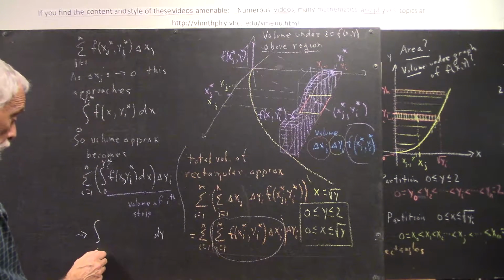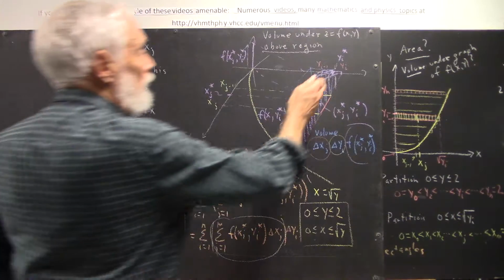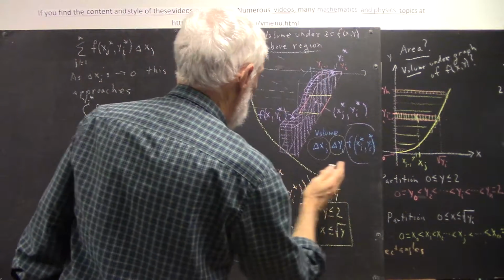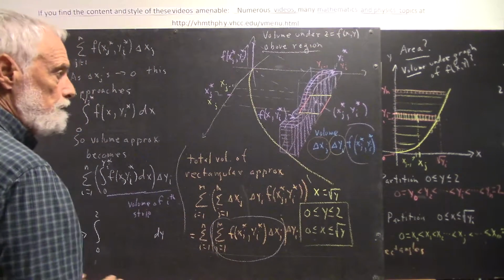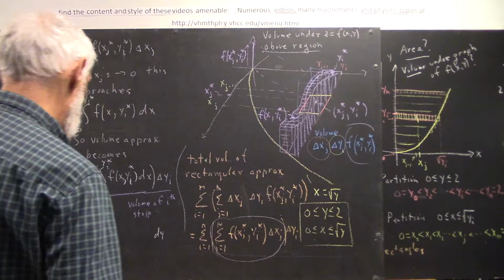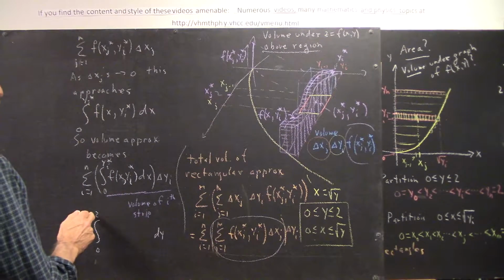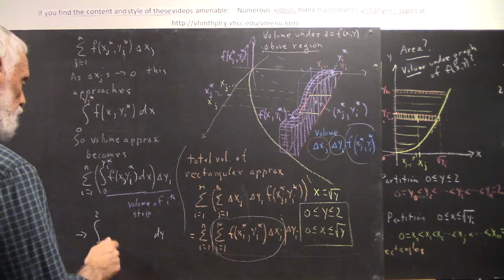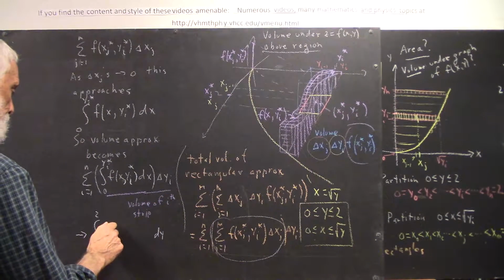I'm summing from y equals 0 to 2 because I have strips extending from 0 up to wherever 2 is. And we can see that here as well. So I'm integrating from 0 to 2. I'm integrating these volumes.